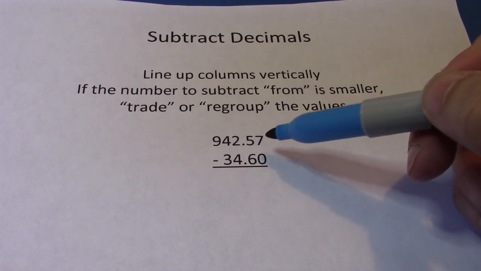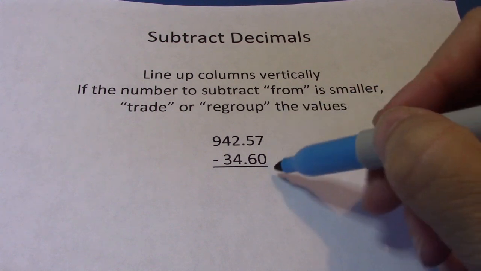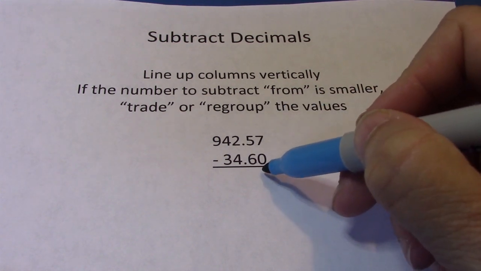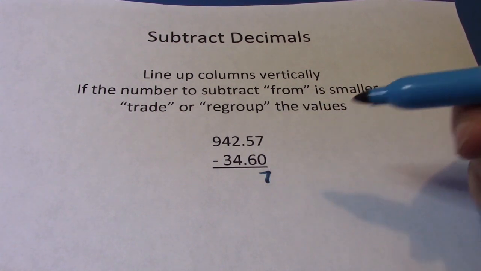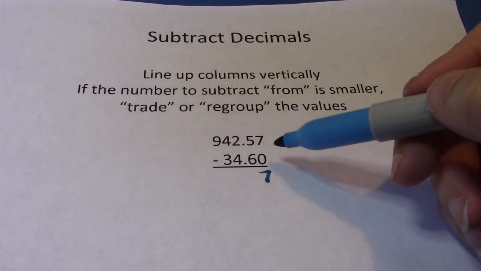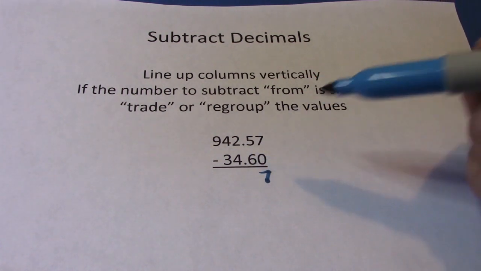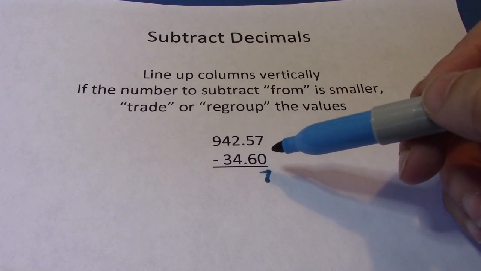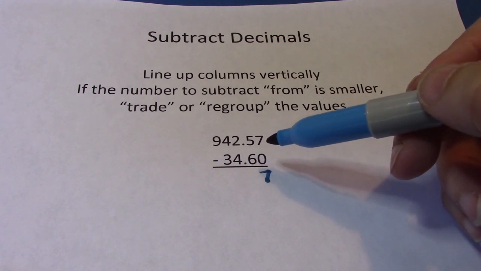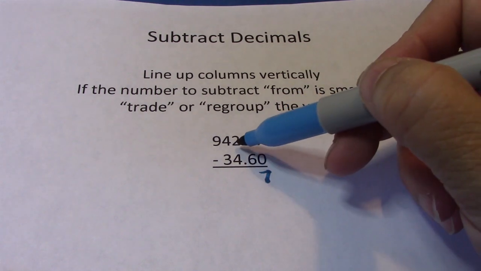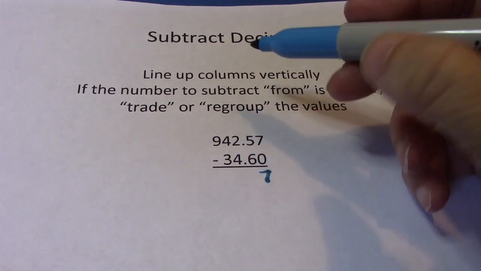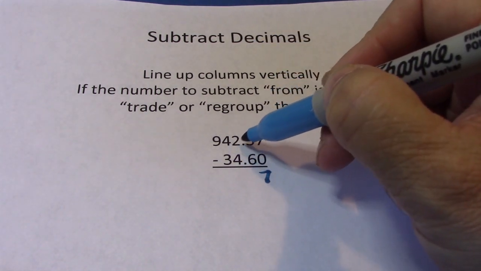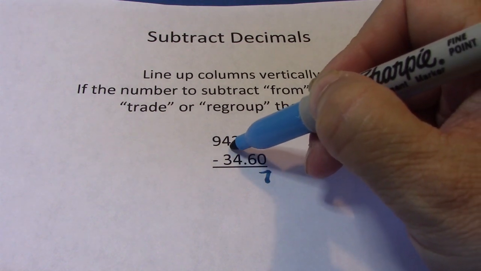So, lined up, 7 minus 0, well, 7 take away 0 is still 7. But now we can't take 6 away from 5. It's bigger than the 5. But again, remember, we can regroup, we can borrow. And this 2 over here, that's worth 20 of these. So let's take 1.